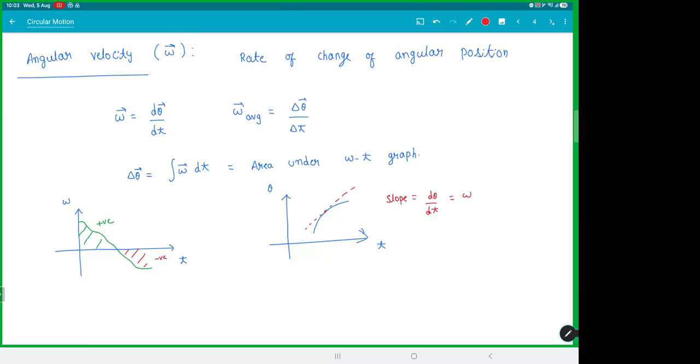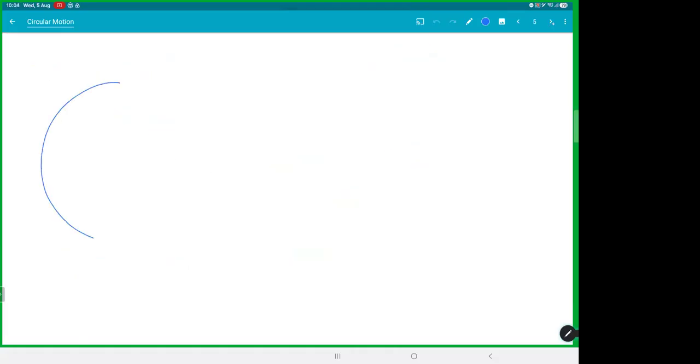Now, if I relate this to your regular velocities, we'll take a simple case when you're going in a circle. We will talk about this in more detail actually. What if you're not going in a circle? We have a full study about that, which is not there for mains. Even in advanced, it is not there. But they have a habit of asking. They always give it as a paragraph and then they ask.